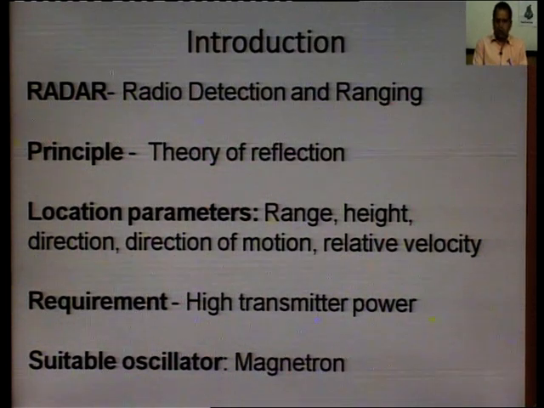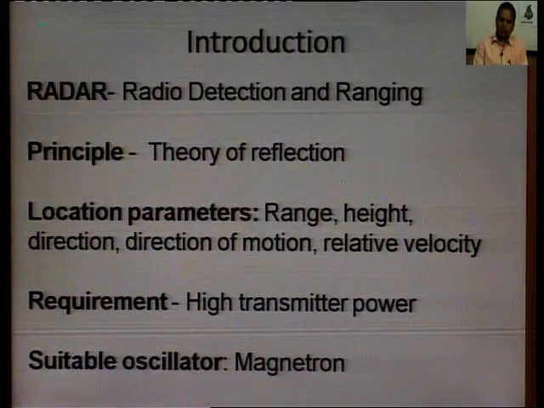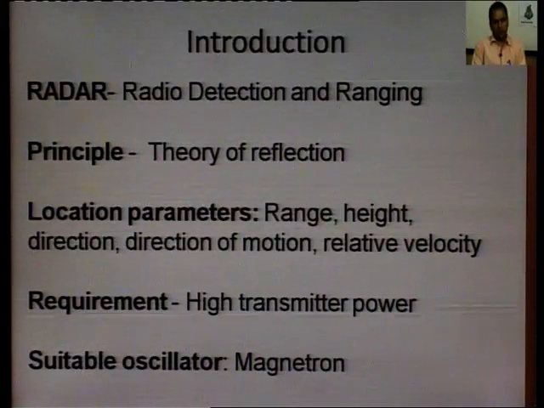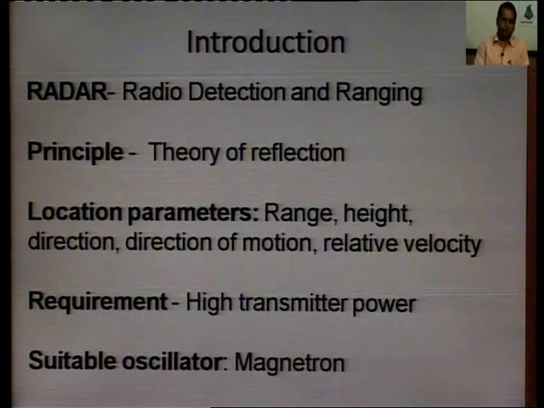Next is location parameters. In radars we find out the range, the height, the direction of motion, and the relative velocity. These are some of the areas of application of radar.